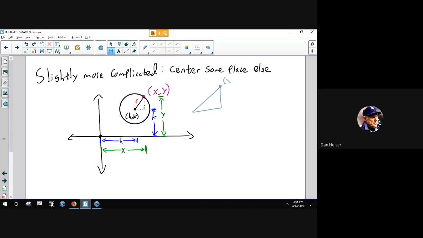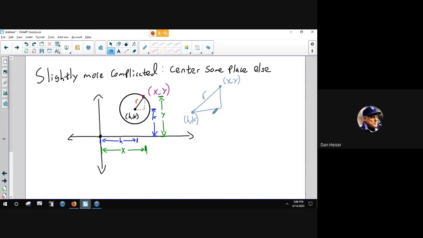So here's our point XY. Here's our point HK. And we know this is R. We know that this distance is H. We know this total distance is X. We're looking for this little gap right here, which is also this gap right here.